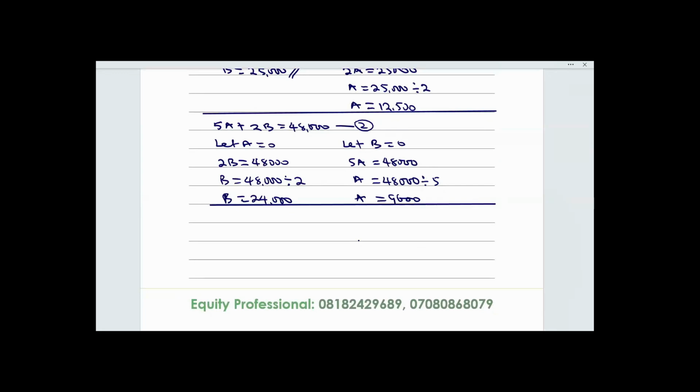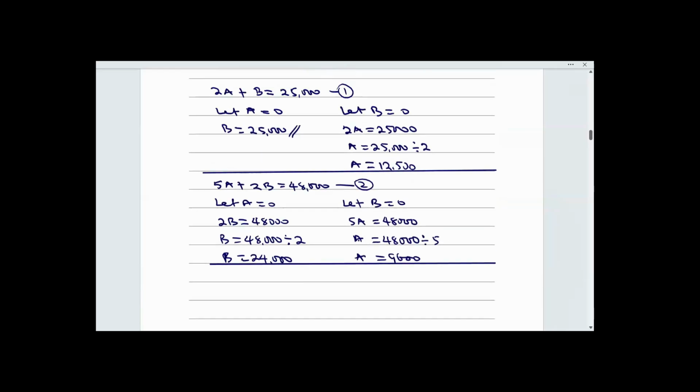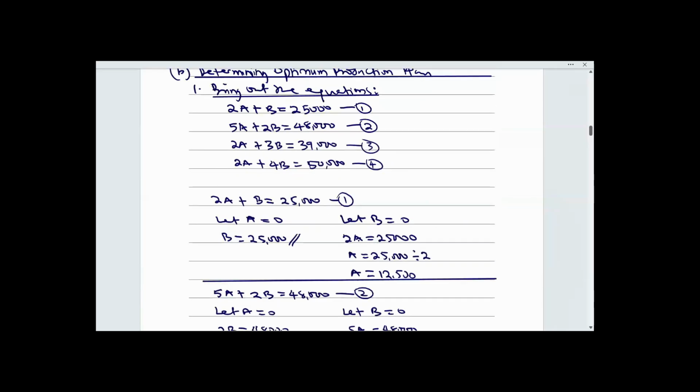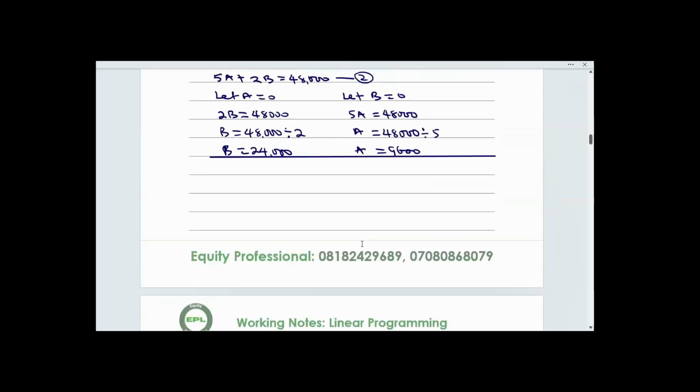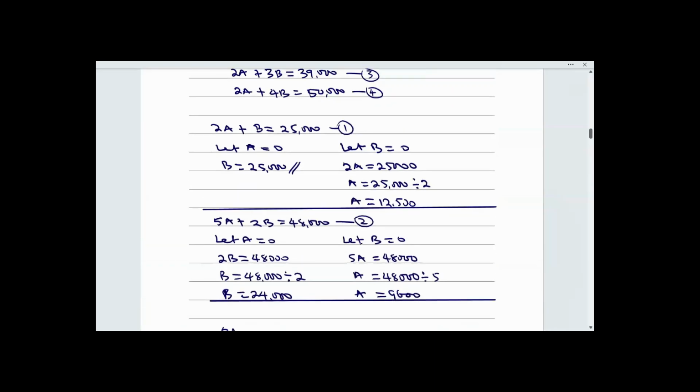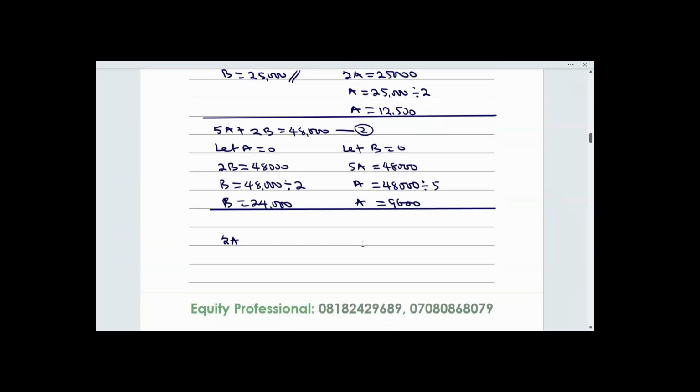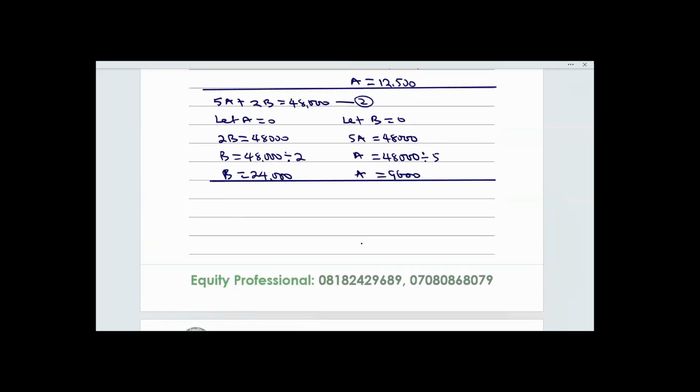Under equation 3, we have 2a plus 3b. Let me close this. 2a plus 3b equal to 38,000.